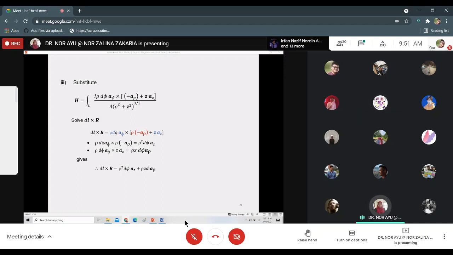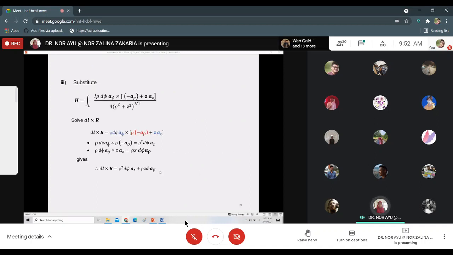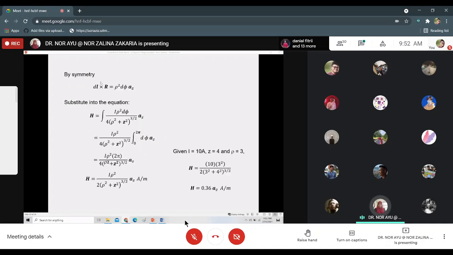Yes, because dia adalah symmetry. Okay, kalau kita tengok balik gambar, your line current ni dekat arrow punya positions. Okay, so that's why kamu punya arrow part will be cancelled out because this one will be equals to 0. Okay, boleh ya?